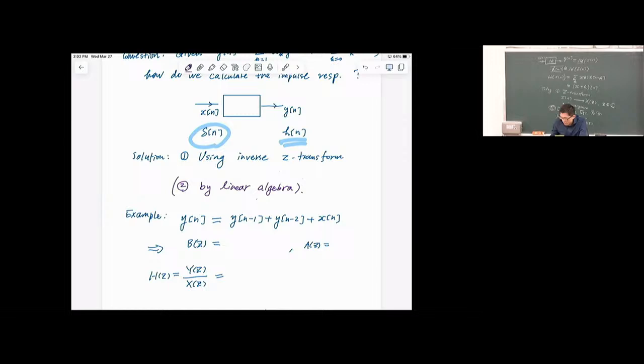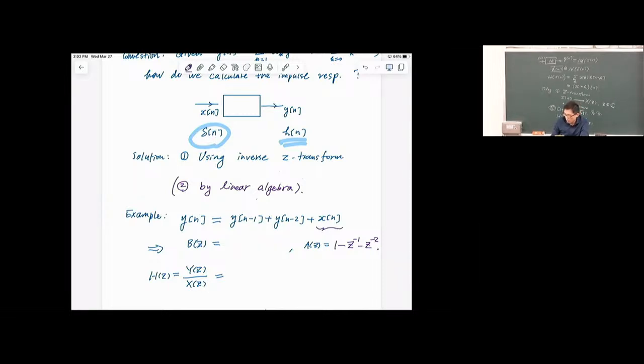To work in the z domain, first, let's write down b of z and a of z. A of z corresponds to the y term, so it's 1 minus z inverse minus z inverse squared. And what is b of z?